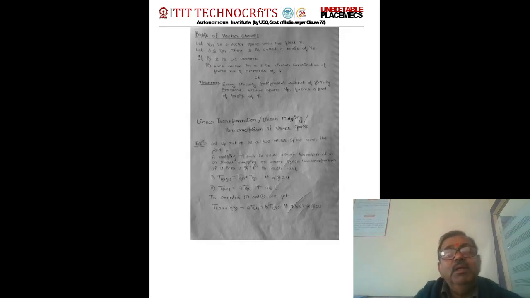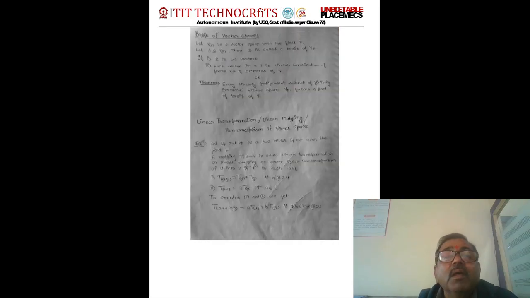Now again we discuss the linear transformation, or linear mapping, or homomorphism of a vector space. Let V(F) be a vector space over the field F. Let S be a subset of V(F).